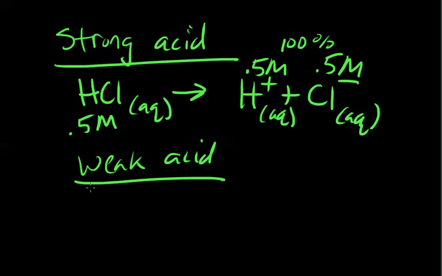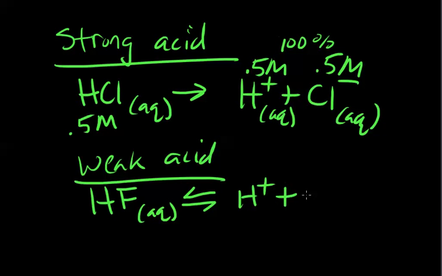For a weak acid, for instance, let's look at hydrofluoric acid. When you put this in water, you are going to get some hydrogen ions and some fluoride ions, but it's not going to be very much. And so basically, you're going to have all 3 of these as aqueous. So you're going to have the molecule hydrogen fluoride, and then some hydrogen ions and some fluoride ions.